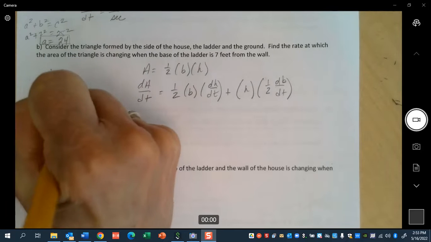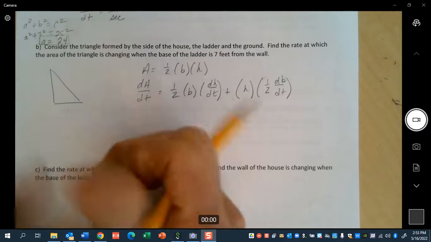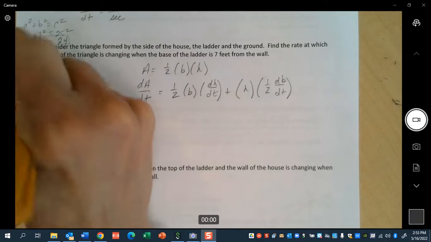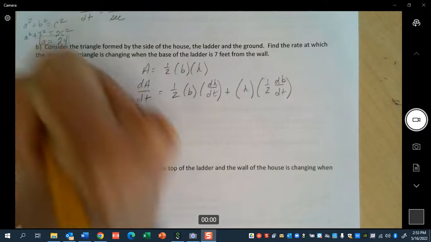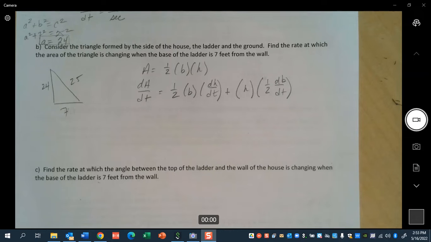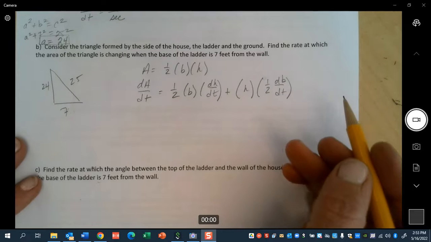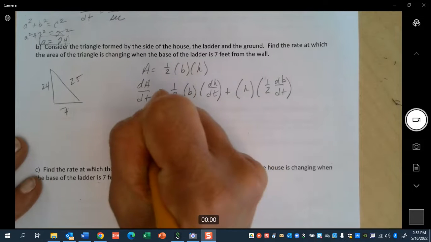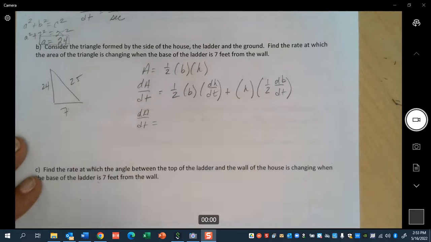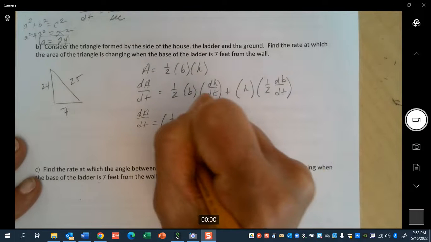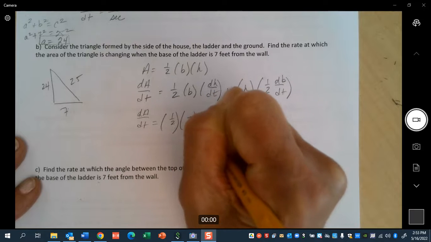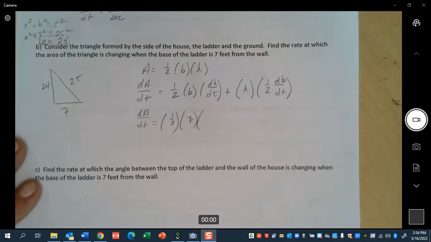When my base is 7 feet from the wall, this was 25 and this was 24. The rate that the area of the triangle is changing is what I want: 1/2, my base is 7. My change in height with respect to time, guess what?